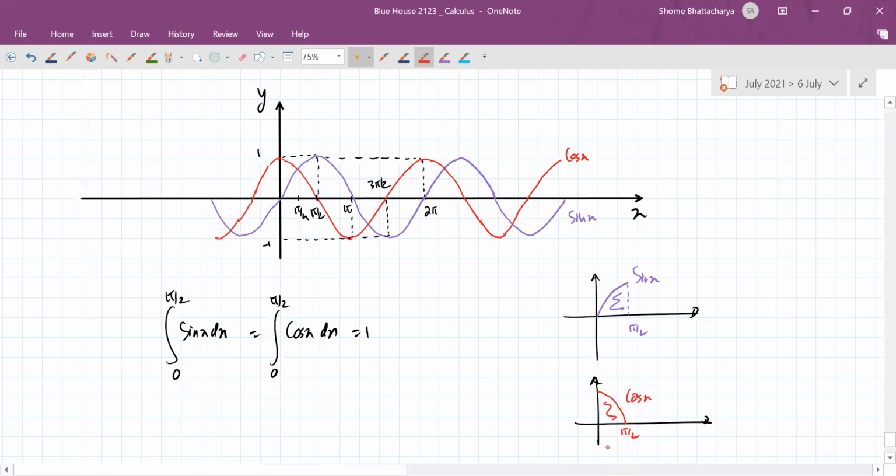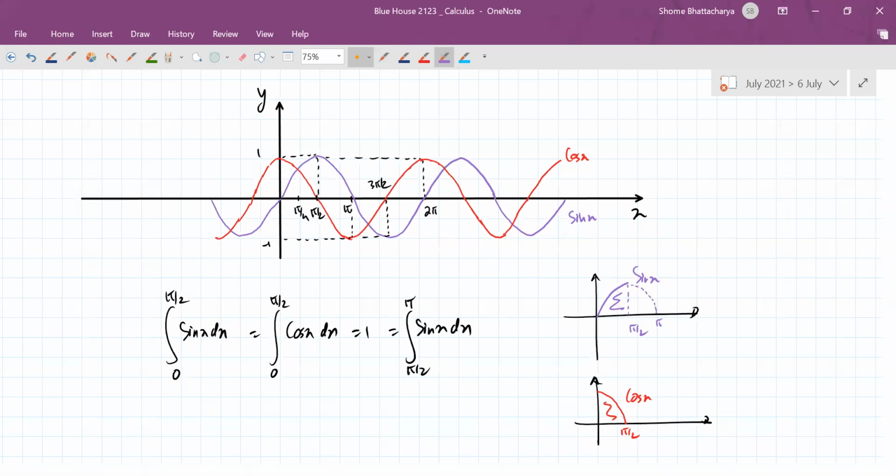But these two areas are the same because they're symmetrical. And this will be equal to, for example, sin x from pi by 2 to pi, because that will be now this area. This side and this side will be the same.